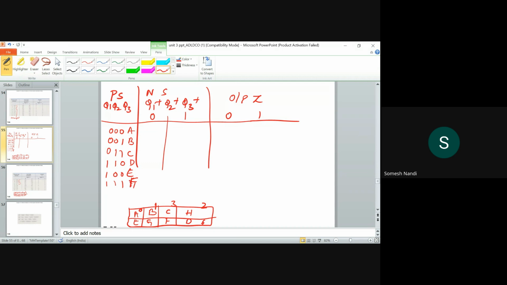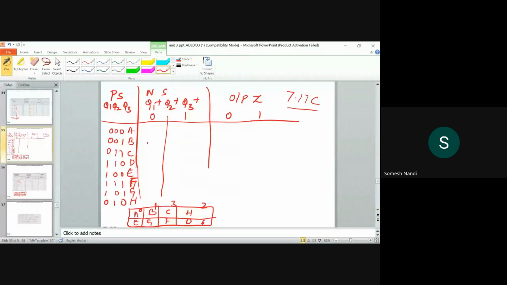E, F. Then G. G is 5. 5 is 101. Then you have your H. H is 2. 2 is 010. So this is how your table 7.17C is formed. And then write down the next state.